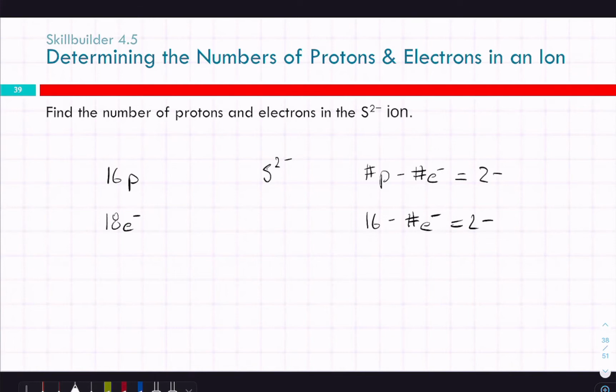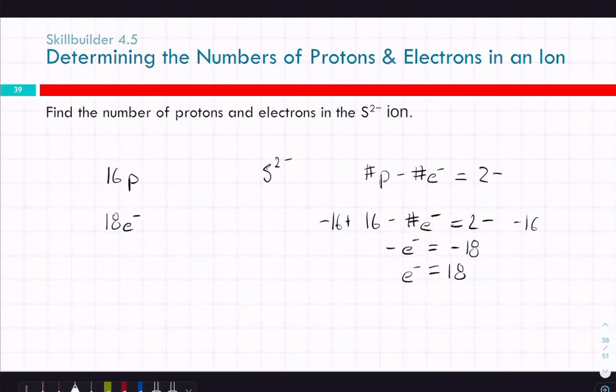So if we subtract 16 from both sides, we get negative 16 minus 16, then negative number of electrons equals negative 18. Then we can divide both sides by a negative.